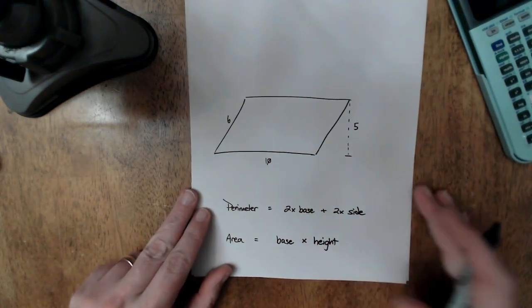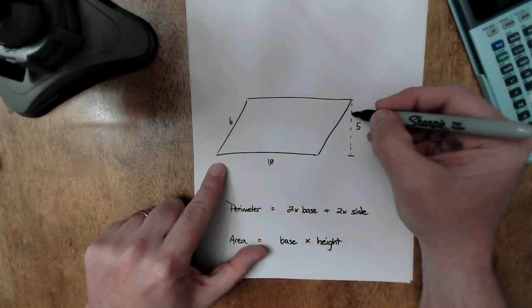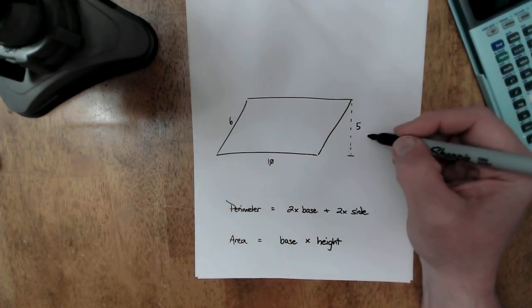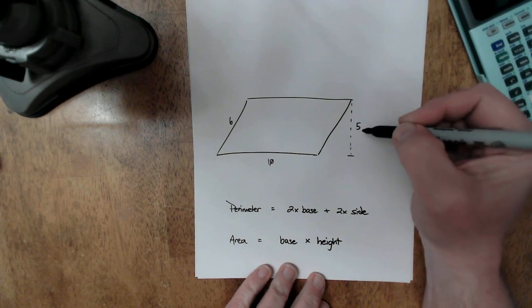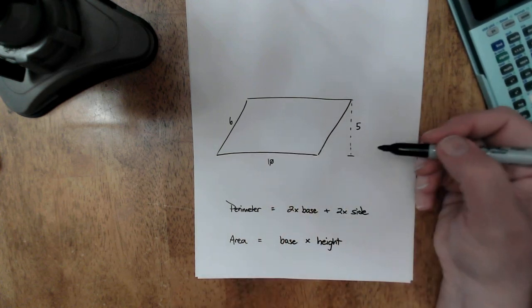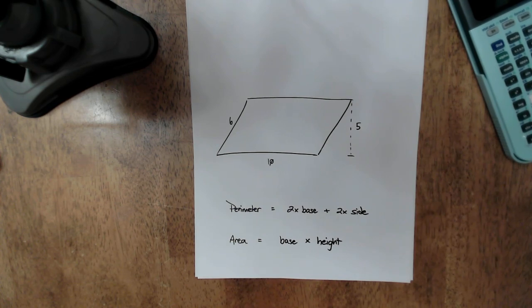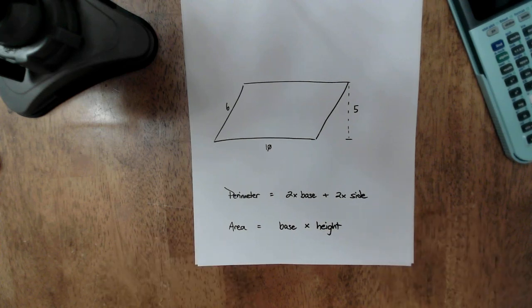All right, so in this case, you might see something like this where you've got a parallelogram drawn and you got this little dashed line here, and that's all that's doing. It's not a piece of the shape. That's just a reference to tell you that the actual height of this object is 5. Okay, so now we've got 3 different numbers that we've got to figure out what to do with. All right, well, if I'm doing the perimeter, nothing really changes with the perimeter.